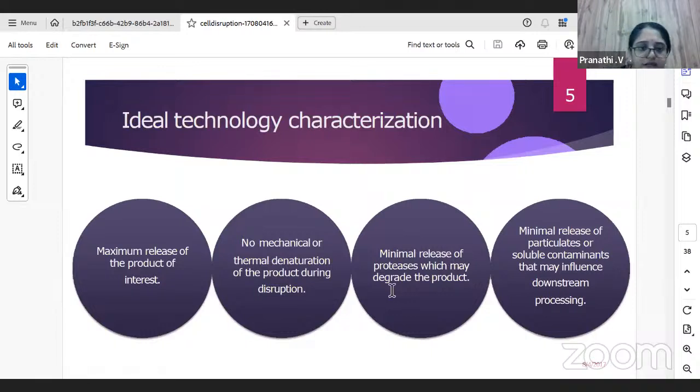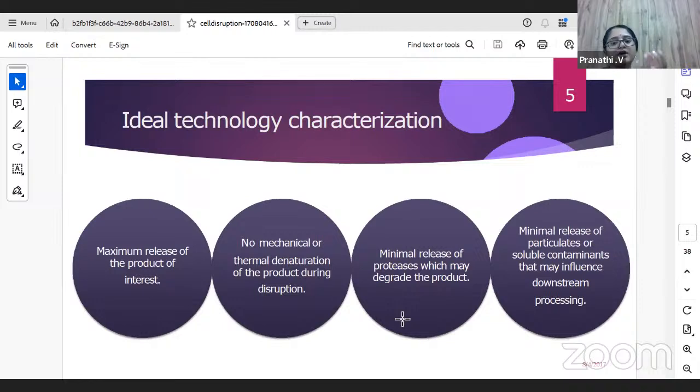Why is it that we are seeing this? Whatever product that we are looking at after you're disrupting the cells, that has to be released to the maximum. There should not be any kind of denaturation of the product during disruption. That is very important. So it should not be mechanical or heat induced.